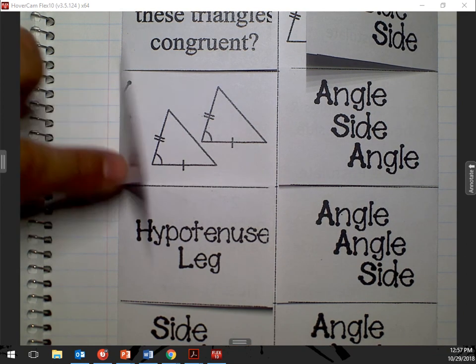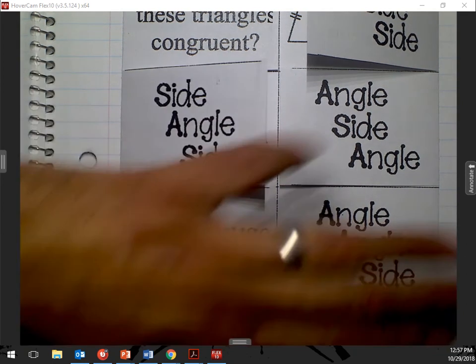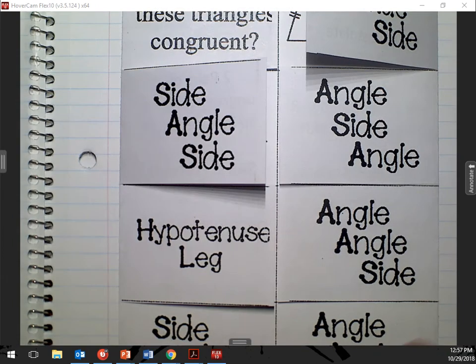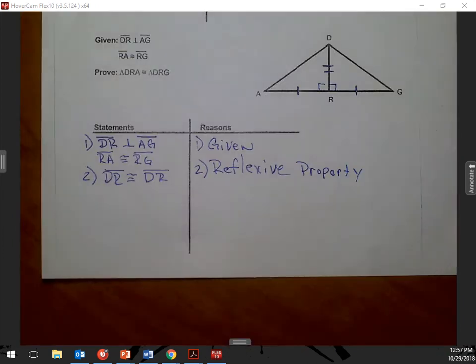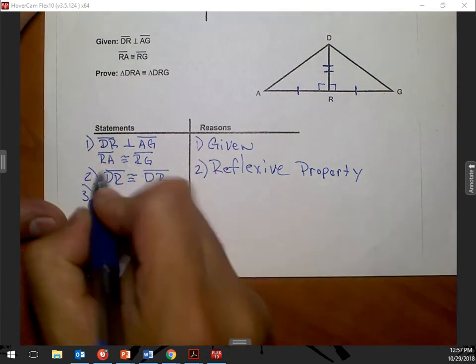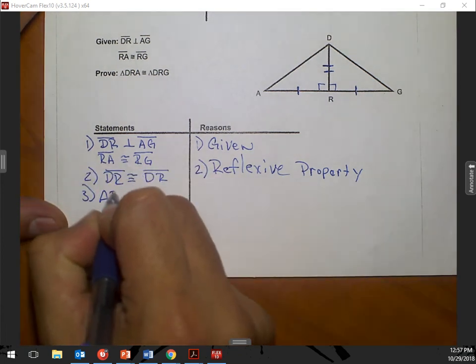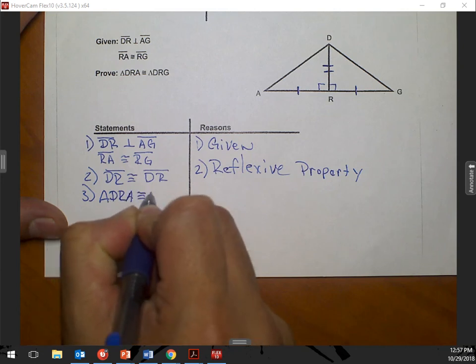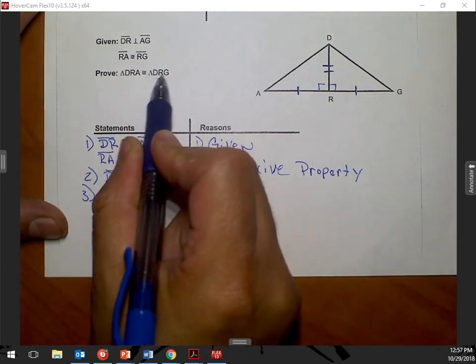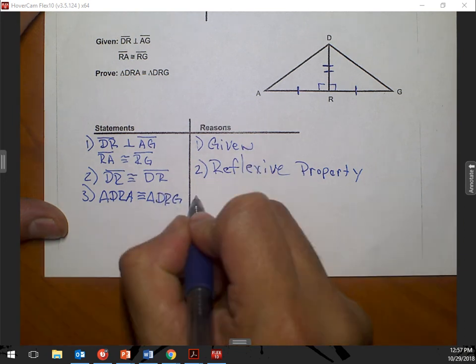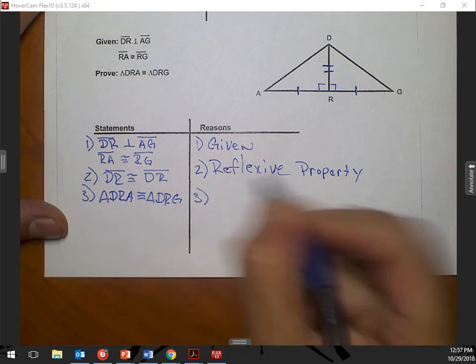So, are you guys getting the hint that all your stuff to prove it is going to be here? It's on that page right there. So we could say that step 3 is my statement that triangle DRA is congruent to triangle DRG. And what is my reason?